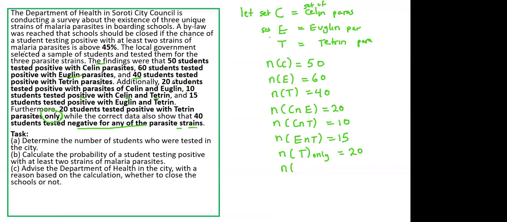In case you have a virus, we say you are positive. In case you don't have a virus, we say you are negative. So people who don't have the virus are going to be outside our Venn diagram. So now I will say C prime intersection T prime intersection E prime. These are going to be 40.